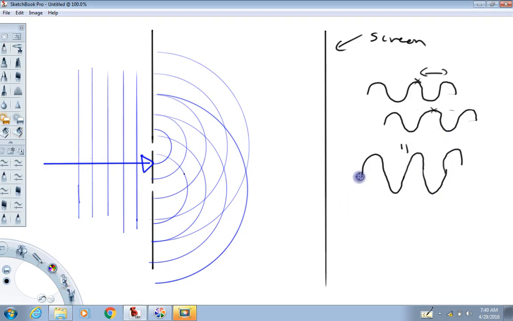And now what we would get is something maybe flat. Because when we add this peak to this trough and so forth everywhere, these waves basically cancel one another out. And this is called destructive interference. So when two waves are in phase, they add, you get constructive interference.